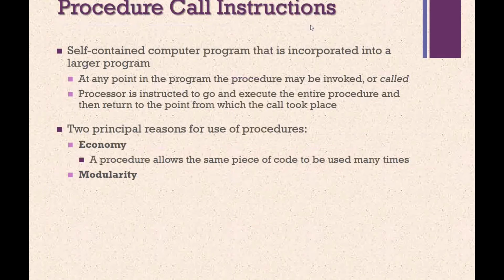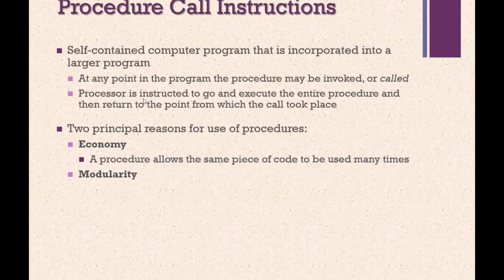A procedure call instruction is like a self-contained computer program that is incorporated into a larger program. At any point in the program, the procedure may be invoked or called. The processor is instructed to go and execute the entire procedure and then return to the point from which the call took place.